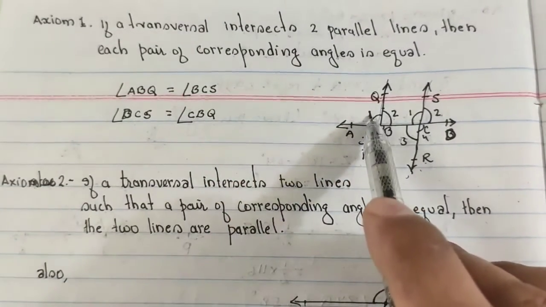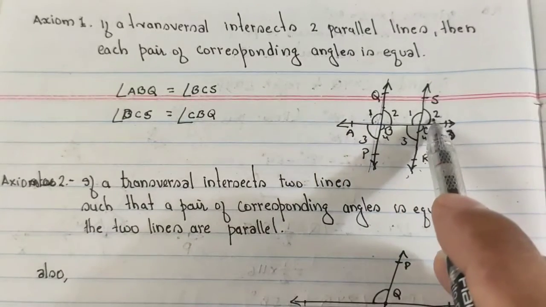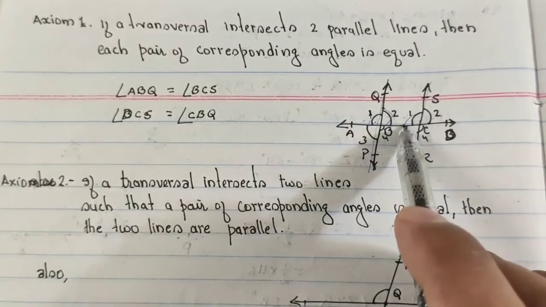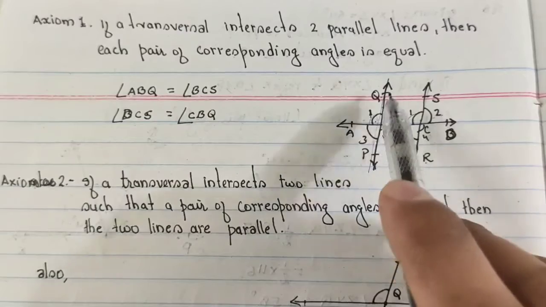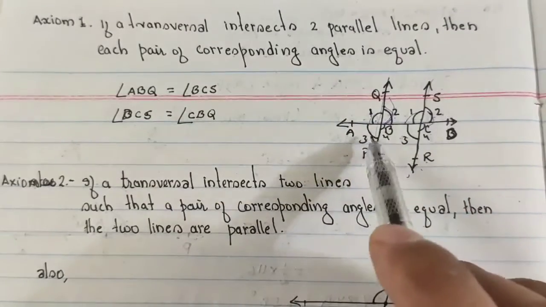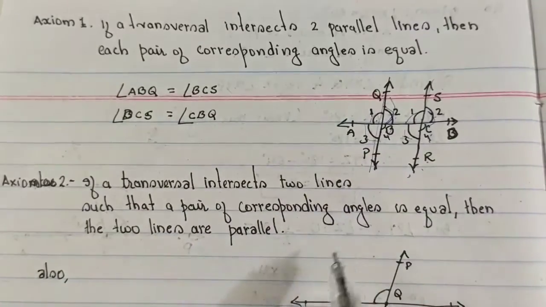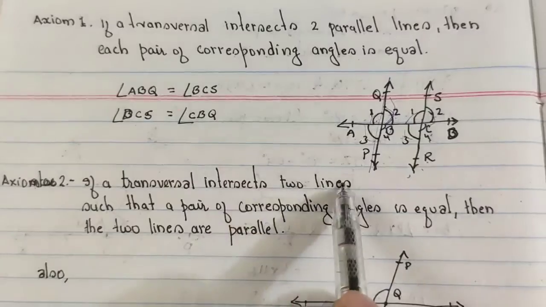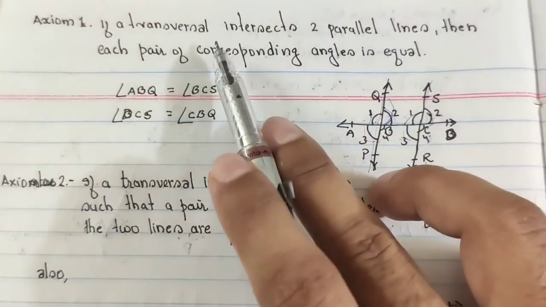It means your angle 1 here is equal to this one, 2 is equal to 2, because these 1 and 1 are corresponding angles, and this is again a pair of corresponding angles, angle 2 and angle 2, angle 3 and angle 3, angle 4 and 4. Clear?